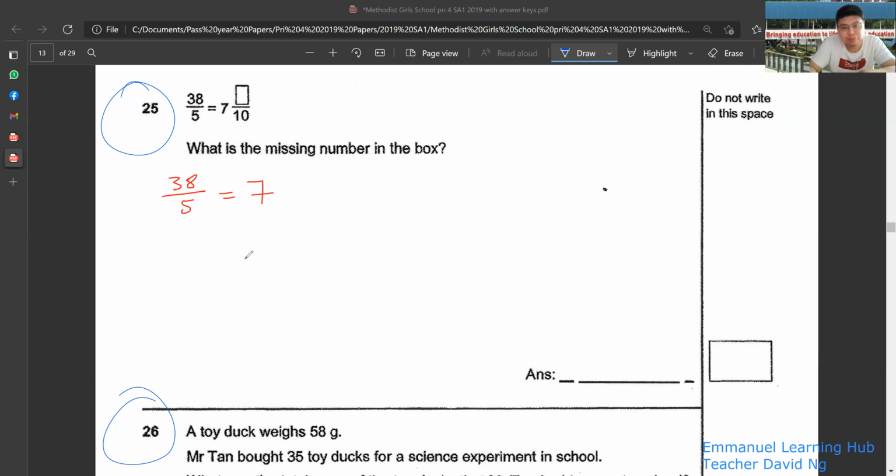Then remainder how much? 3. Remainder 3. You're dividing by 5, right? So over 5. Understand how to convert the mixed number now?